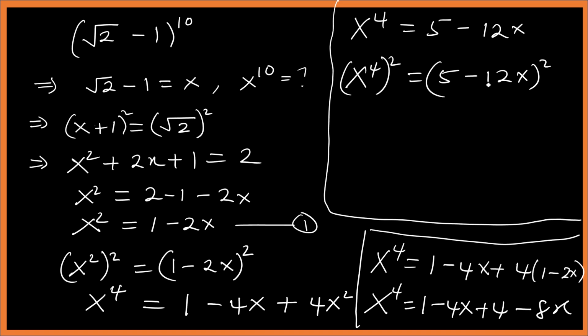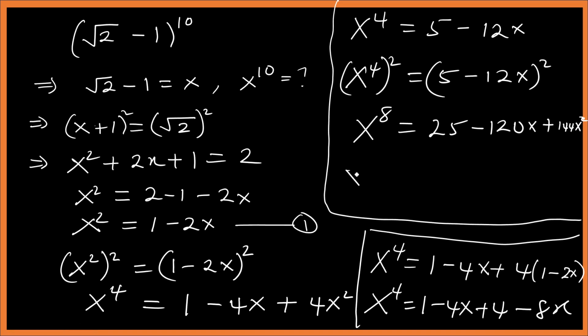Now, this side will be x to the power 8. And we have 5 squared, 25, 2 times 5, 10 times, so we have minus 120x plus 12 squared, 144, so we have 144x squared.